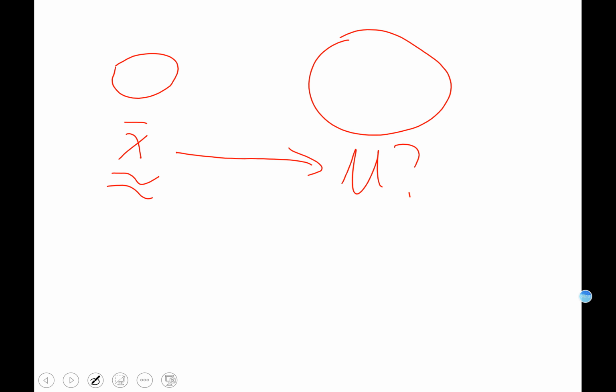So we said that in last class we have two methods for the estimation. The first one we call point estimation. So that means we just believe that mu equals X bar.